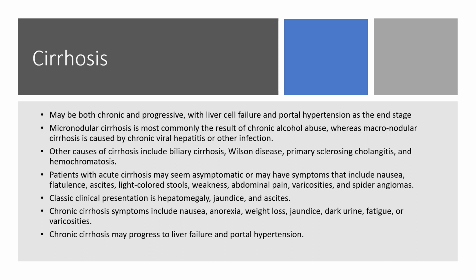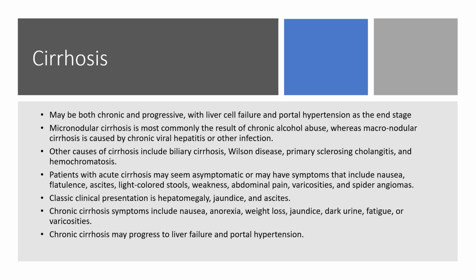We're going to talk about portal hypertension in a little while. Remember, I said we see it in the presence of diffuse disease. One of those types is cirrhosis. Micronodular cirrhosis is most commonly the result of alcohol abuse, where macronodular cirrhosis is usually caused by infection of either viral hepatitis or another infection.